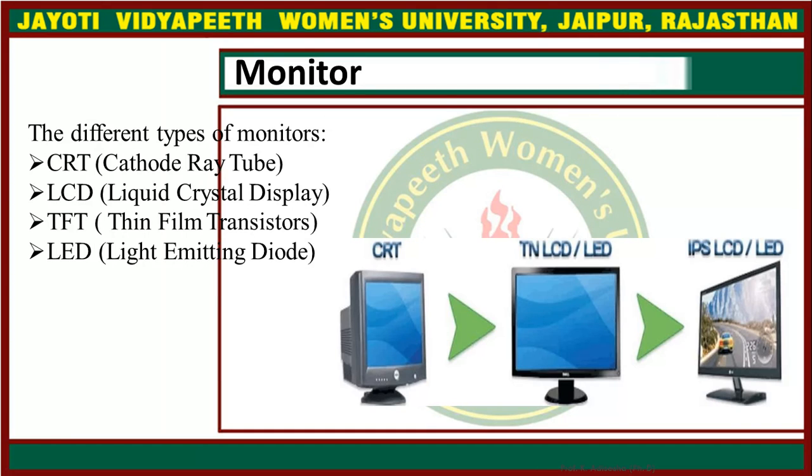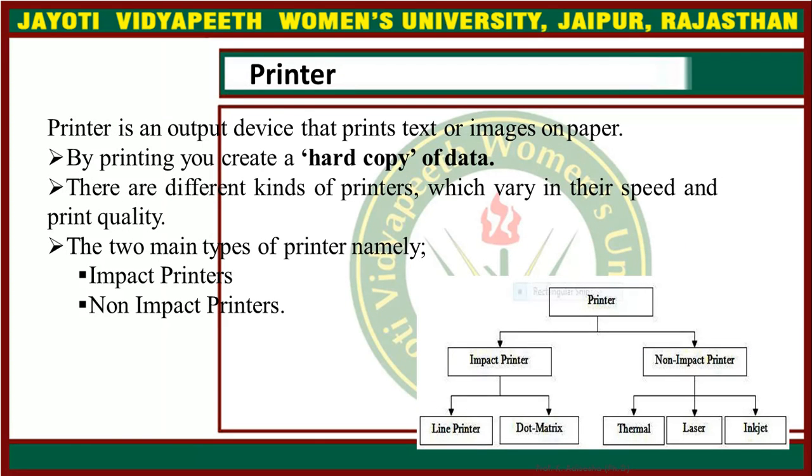Now these are the different types of monitors like CRT, LCD, TFT, LED, that is cathode ray tube, liquid crystal display, thin film transistors, and light emitting diode. Next come to the printers. A printer is an output device that prints text or images on paper.